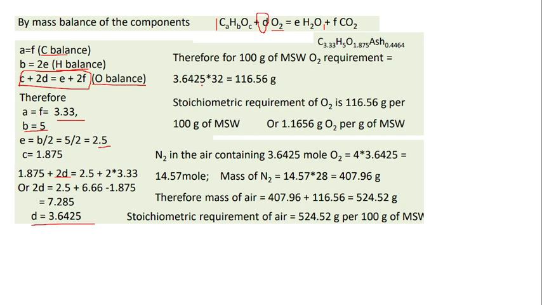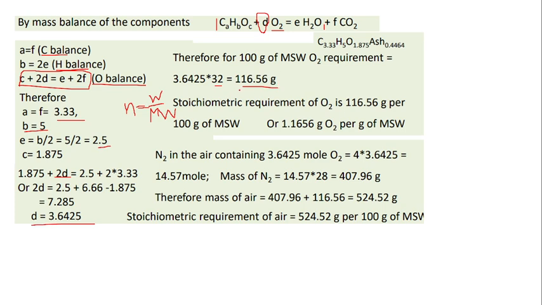So to find the mass, we know that moles is equal to weight by molecular weight. To find the weight, that is the mass of oxygen required, multiply the moles with the molecular weight. Molecular weight of O2 is 32. So 3.645 into 32 is 116.56 gram.